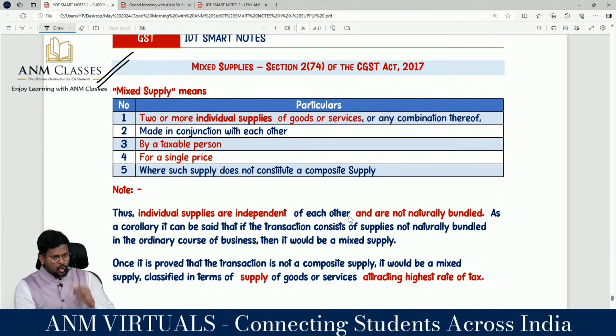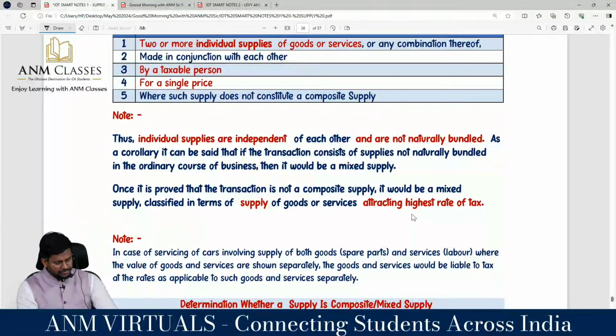Mixed supply means two or more individual supplies of goods or services, or any combination thereof, made in conjunction with each other by a person for a single price, where such supply does not constitute a composite supply. These individual supplies are independent of each other and are not in a bundle.